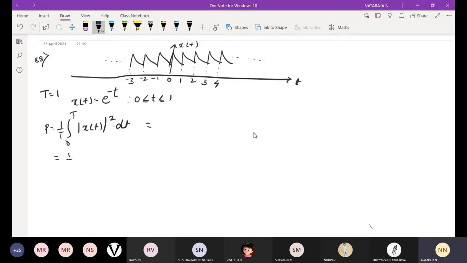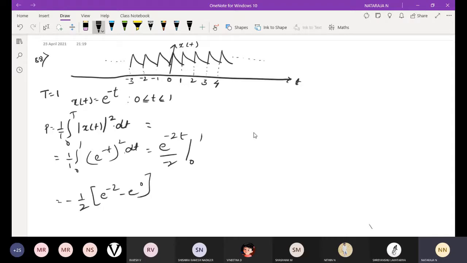1 over 1 integral from 0 to 1 e power minus t whole square into dt, that is equal to e power minus 2t divided by minus 2, integral from 0 to 1, minus 1 by 2 into e power minus 2 minus e power 0.